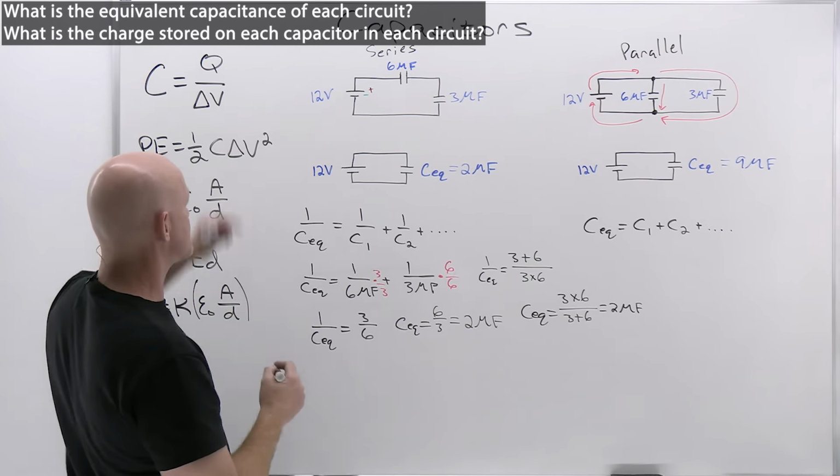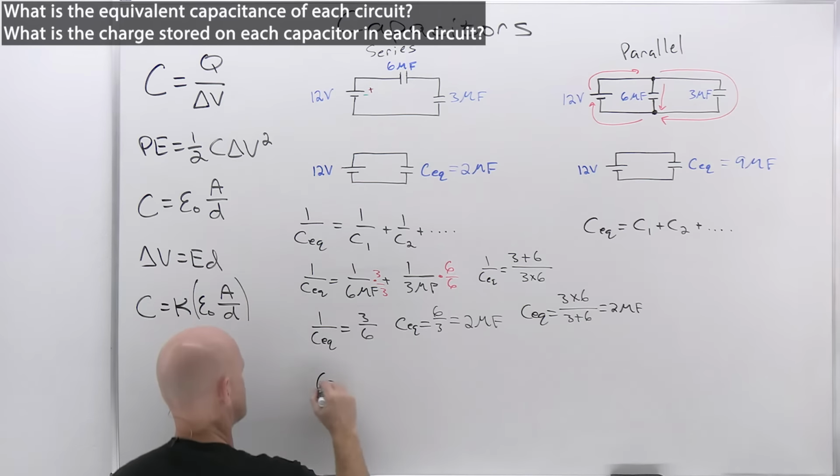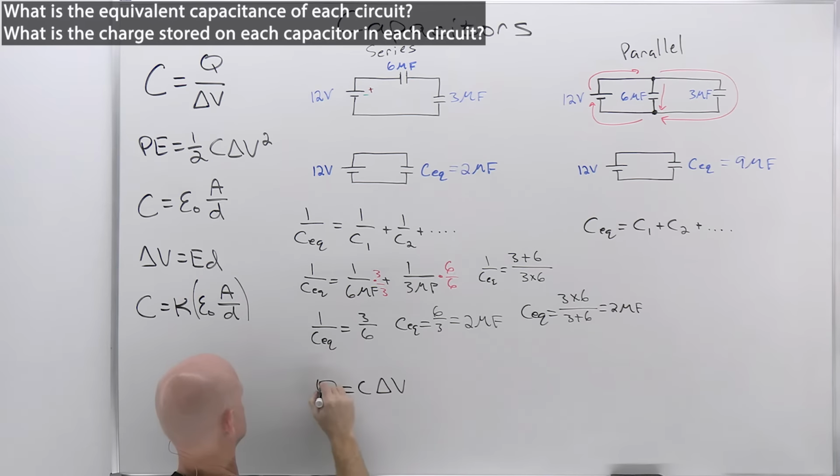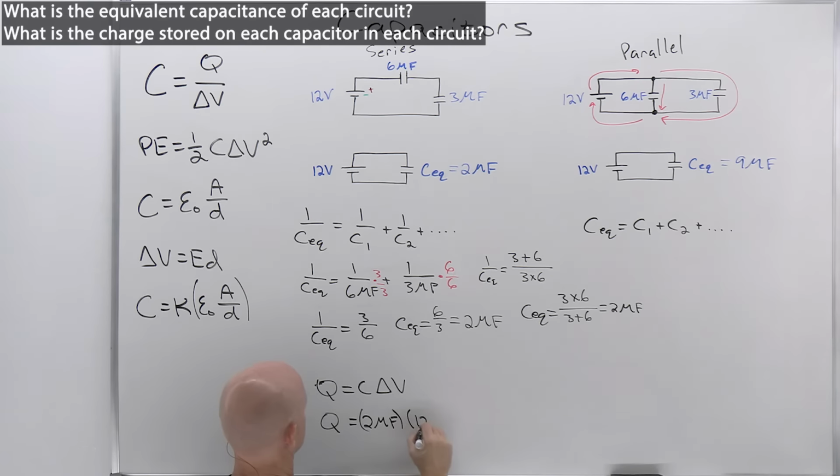In this case, we rearrange this: Q equals C delta V. So C was 2 microfarads, delta V is 12 volts, and this is going to work out to give us 24 microcoulombs.